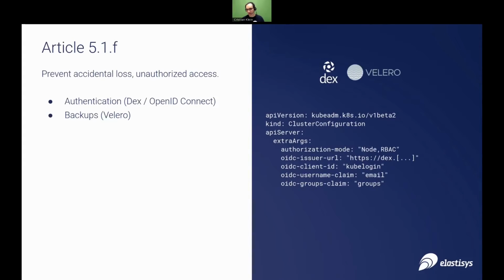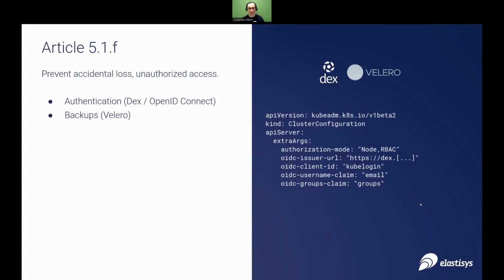So that's generally, like I said, the DEX that you would host in a different Kubernetes cluster or in a different part of your infrastructure. And then, of course, you need to make sure that you're providing your Kubernetes cluster with the right information on where to find the username claim that is then afterwards interpreted by the role-based access control infrastructure, which is built in Kubernetes, and also where exactly to find the group claims that, again, has implication on how you can do role-based access control.